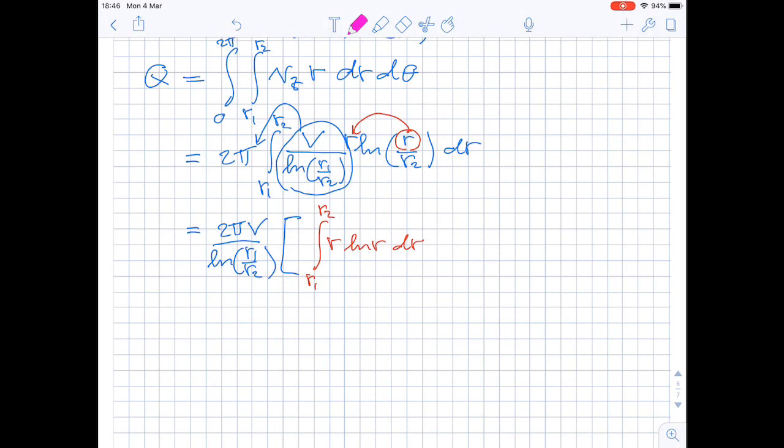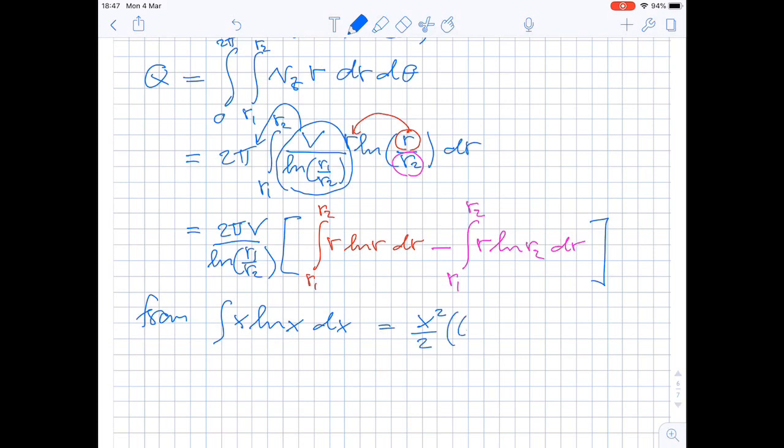And then this term can be going up and get the negative of the integral from r1 to r2 of r ln r2 dr. And the integral requires some advanced calculus, but if you turn on the handbook, you see that the integral of x ln x dx is equal to x squared over 2 of ln x minus half.